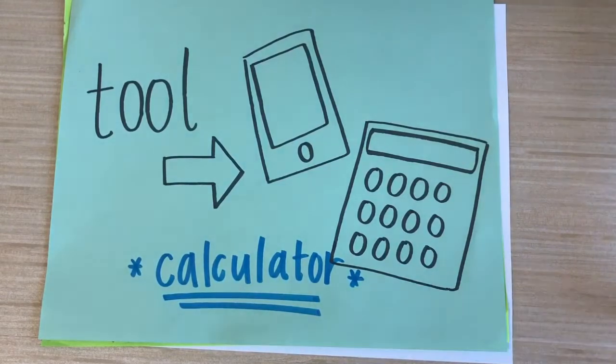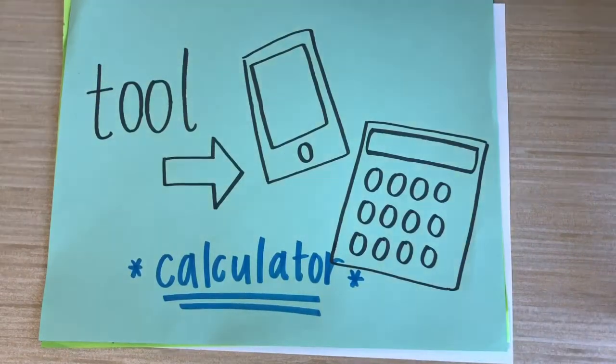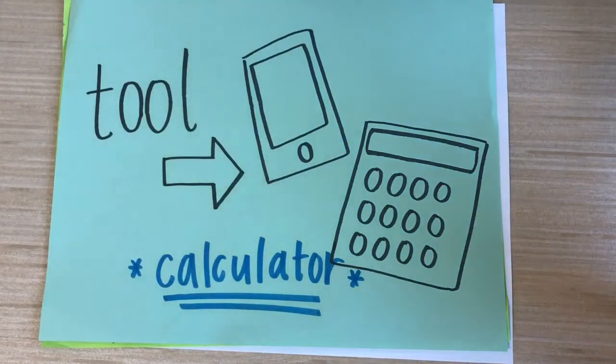So a tool for this particular lesson, and if we want you to use this tool, we'll specifically tell you, is to focus only on the content goal, because this is not a long division lesson. This is not a multiplication lesson. We're practicing a new skill that is very challenging on its own. So we want to scaffold that by asking you for this lesson to use a calculator to do the math. Again, we will tell you if we want you to use a calculator.